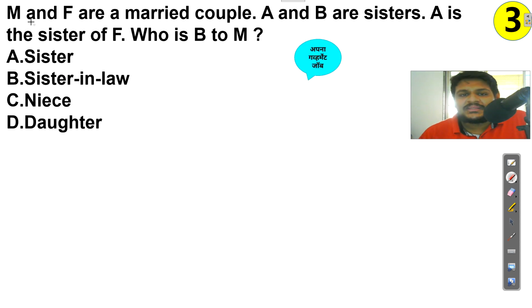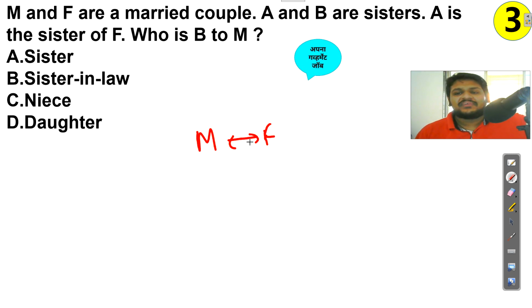Okay, see the third question. M and F are a married couple. For a married couple we are using this symbol. A and B are sisters. A is the sister of F. About M and F, again we don't know who is male and female, right? Then who is B to M?